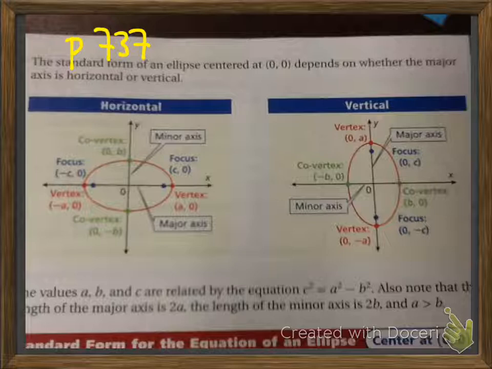The main point is those are the endpoints of an ellipse from each axis. The vertices are the endpoints on the major axis, and the co-vertices are the endpoints on the minor axis. And notice that the foci lie as points inside the ellipse on the major axis.